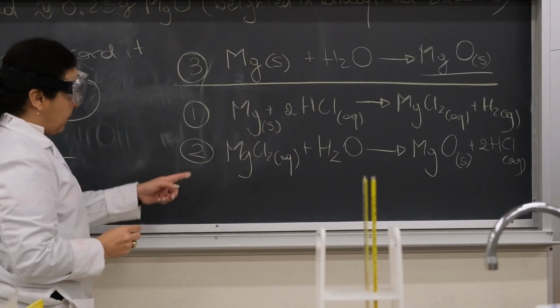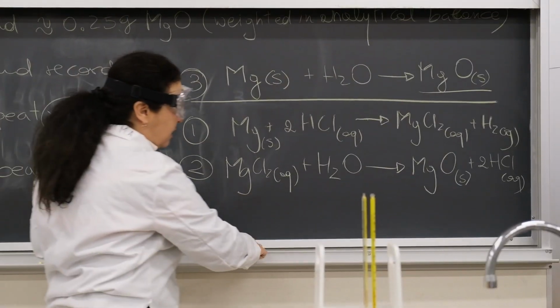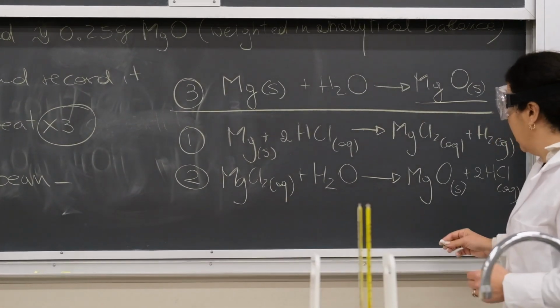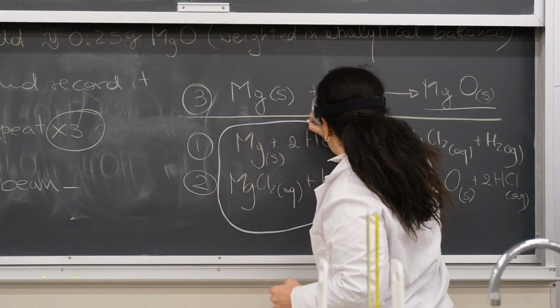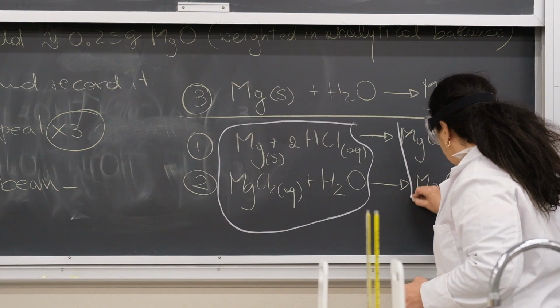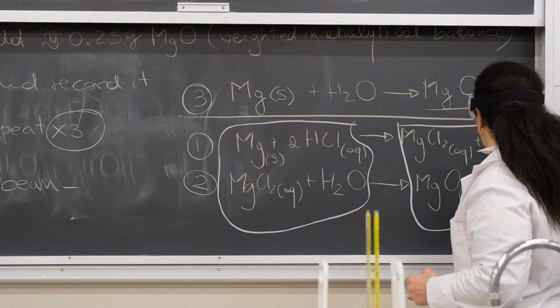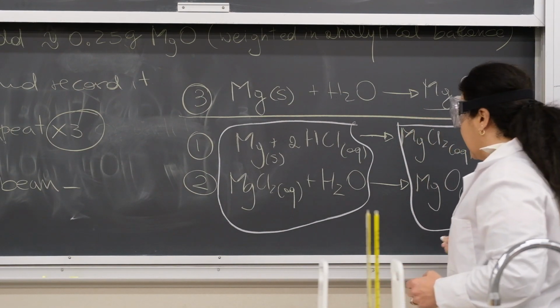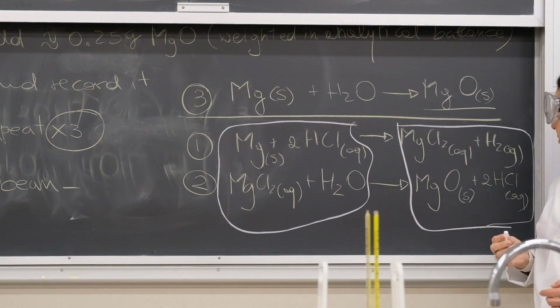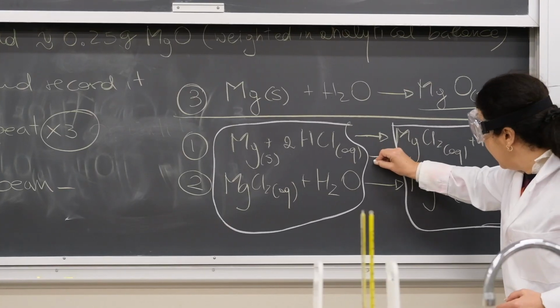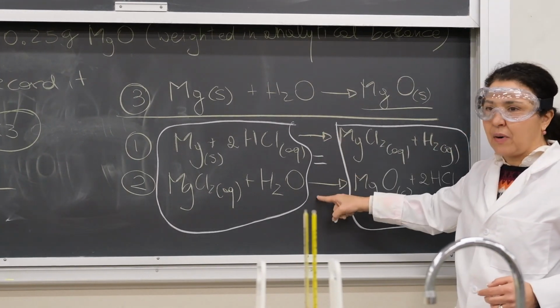Okay, so if I consider these two reactions in the same way we have done before, we add this entire first part on the reactant side and this entire second part on the product side. But there are things that can cancel out, right? What can cancel? Remember that this is the same thing as writing equal.